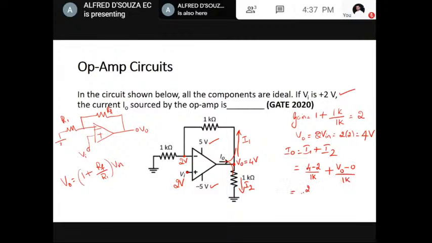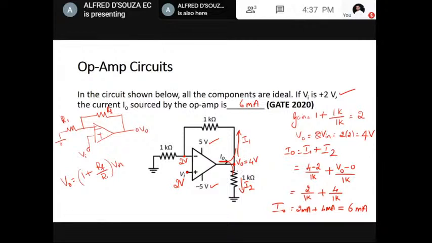So it is 2 by 1 kilo plus 4 by 1 kilo. It is 2 milliampere plus 4 milliampere. So I naught will be equal to 6 milliampere. That's how you solve. So the current sourced by the op amp is 6 milliampere.